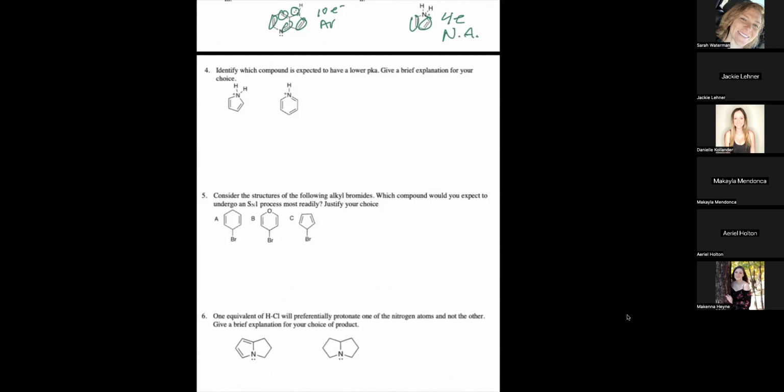I don't know exactly what her material is, but this is asking which one is expected to have a lower pKa, which means more acidic, right? When you're reducing something, it's like which one wants to give up its hydrogen, right?